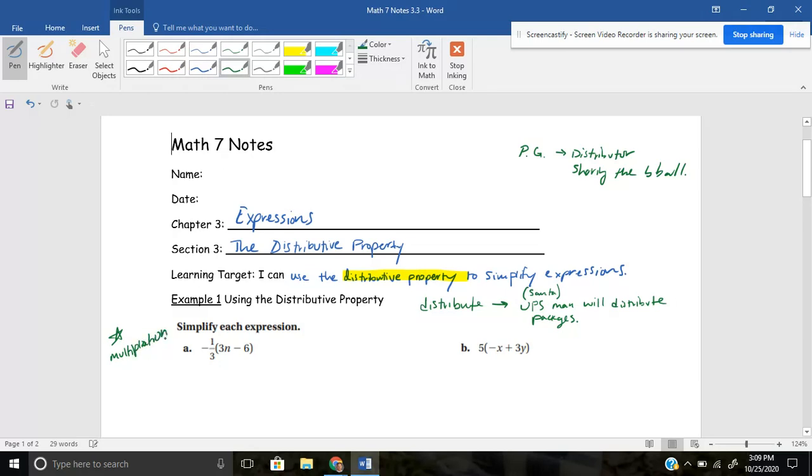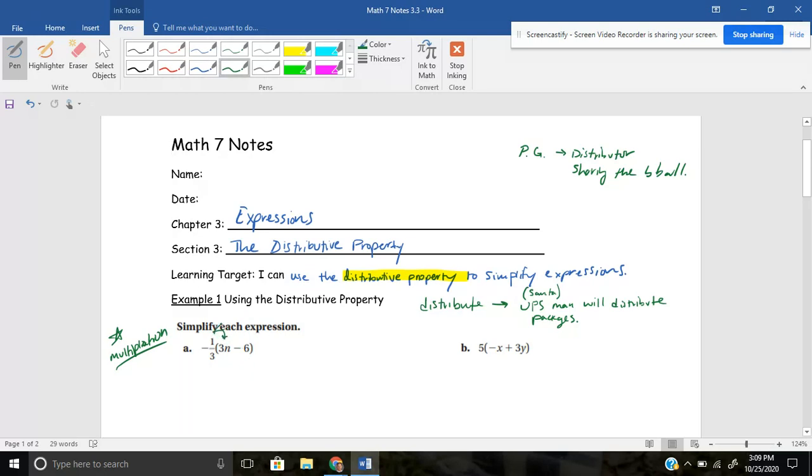Remember that when anything is right next to a set of parentheses, or right next to each other in math, we imply that that's multiplication. Okay, so this negative 1/3 is right next to this set of parentheses here. So that means we need to multiply negative 1/3 by 3n.